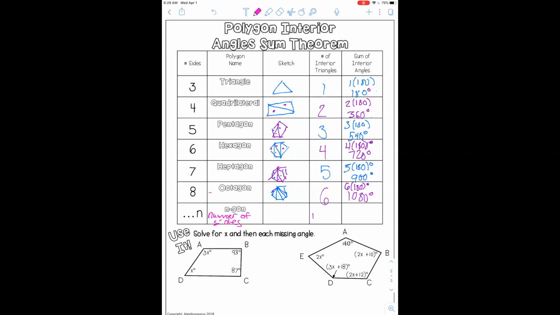So you take your number of sides minus 2, then you take that number times 180 to get your degrees.